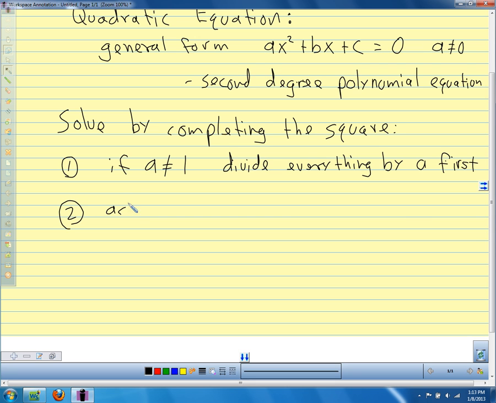So our second step, we're going to add. Does anybody remember what we add when we complete the square? It has to do with b. Add b over 2 squared to both sides.